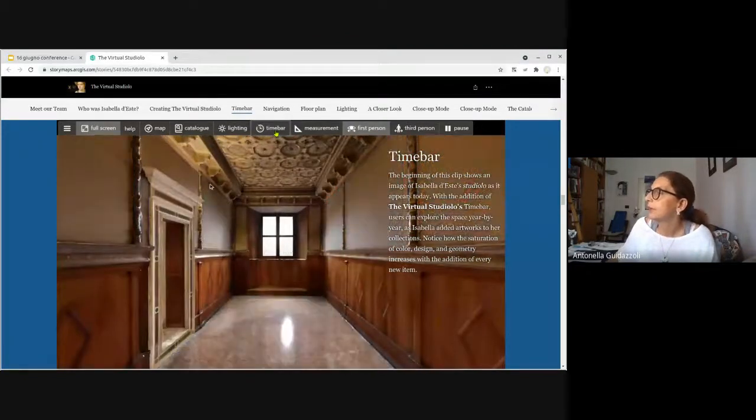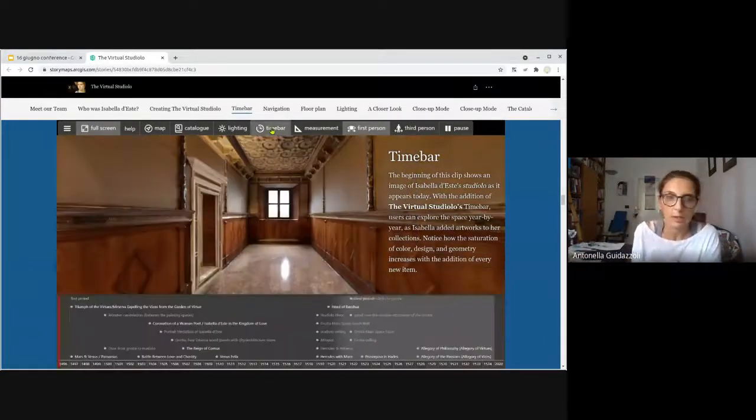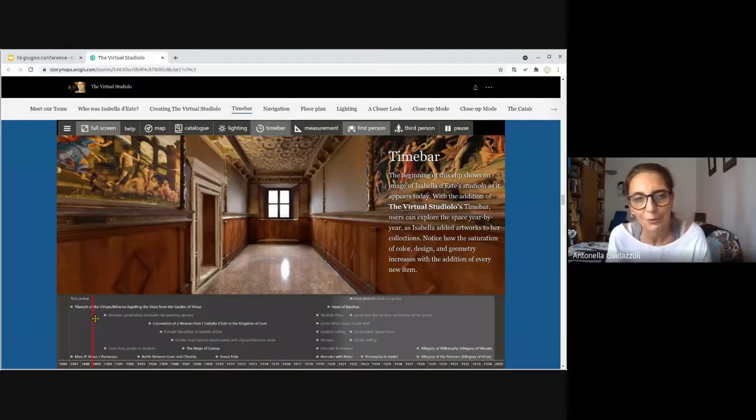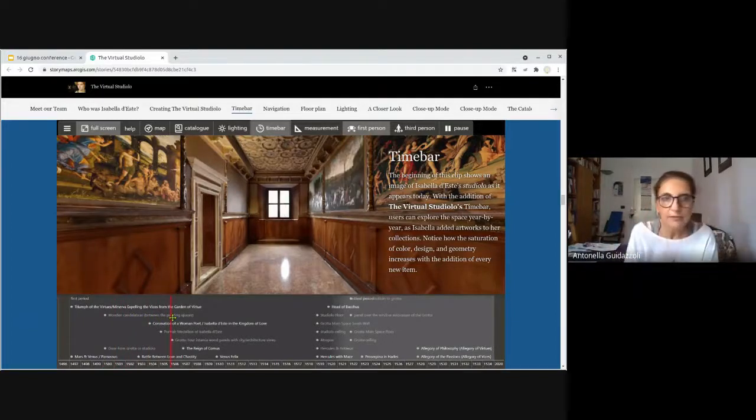So this is the current situation of the Studiolo. And because, as you know, the paintings are at the Louvre, there are a lot of items scattered in all the different museums of the world. The application is not yet released, so I am pleased to share with you a questionnaire in order to improve the visual interface.